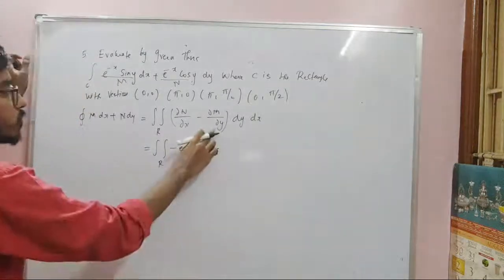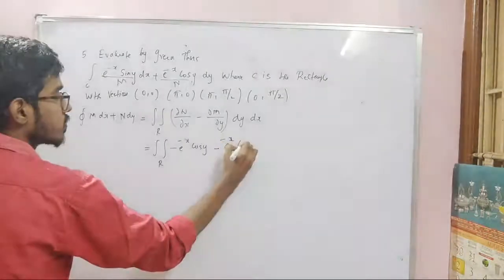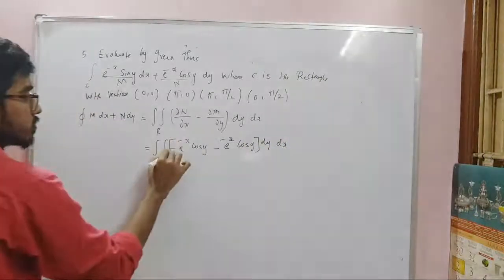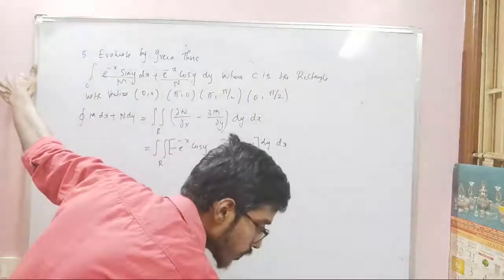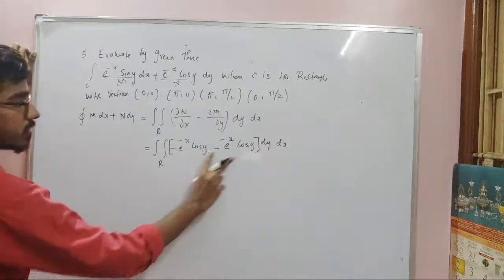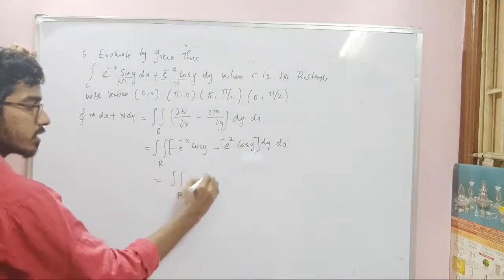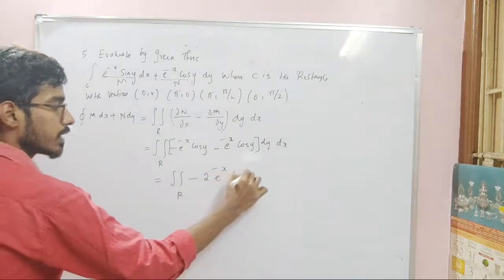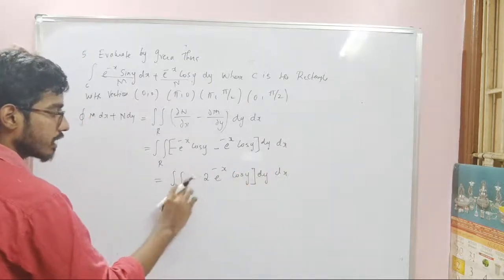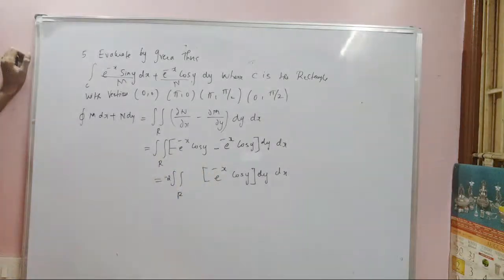Minus dou M by dou y: again e power minus x will remain as it is, and the derivative of sin y is cos y, so minus e power minus x cos y dy dx. Both are the same terms, so this is nothing but minus 2 e power minus x cos y dy dx, or else I can take minus 2 outside. So this is the integration; I have taken minus 2 outside.